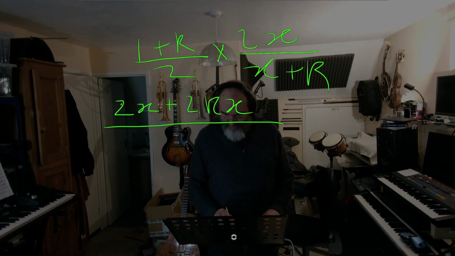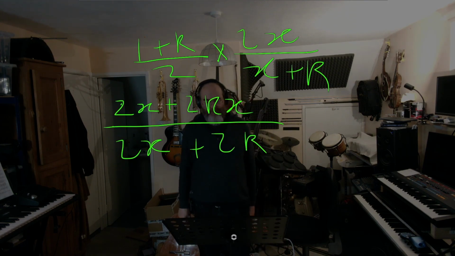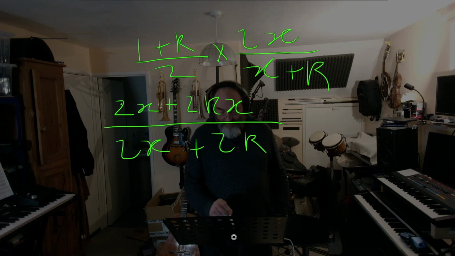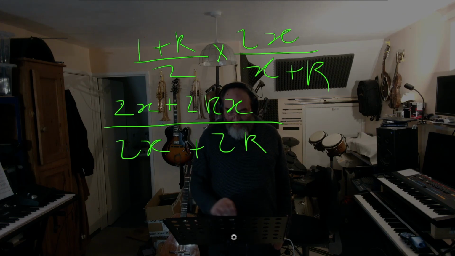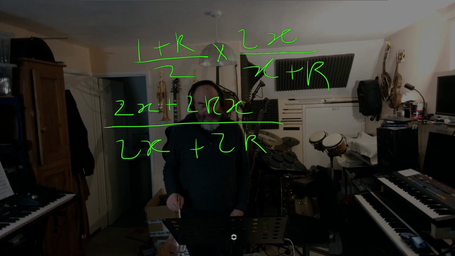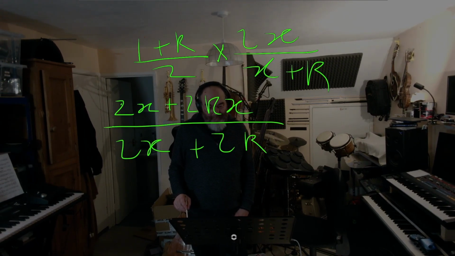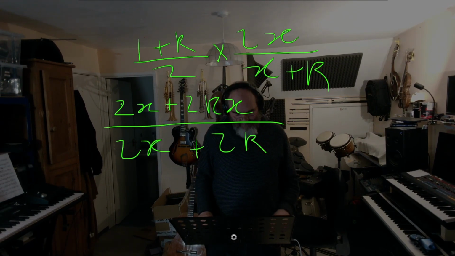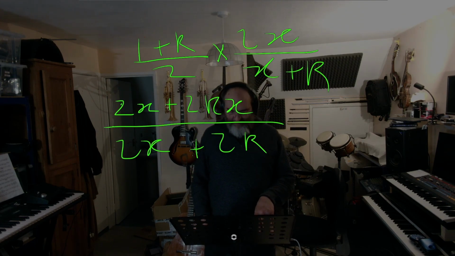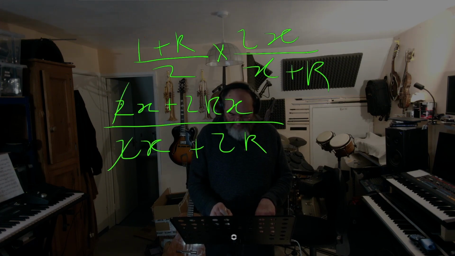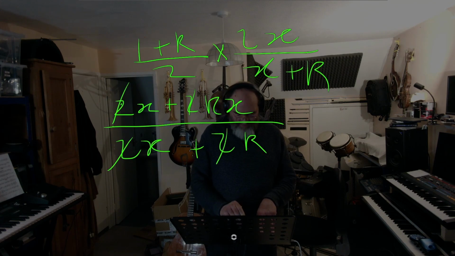And underneath we get 2x plus 2k. And I can see immediately that I can divide top and bottom by, not 2x, I could divide everything by 2. I can get rid of the 2's. The twos will cancel out.